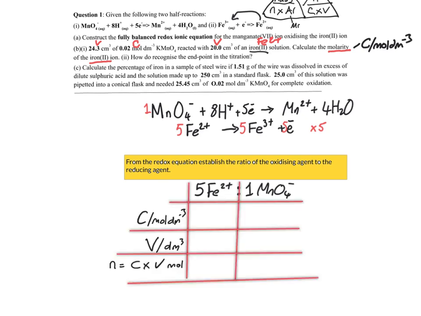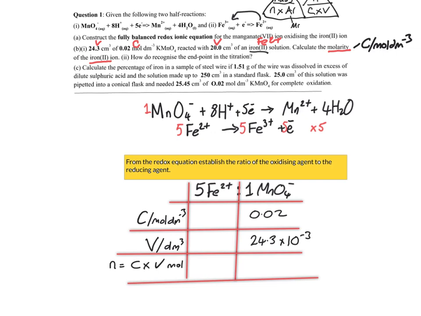The first thing to do is to take the essentials from the written information above and put it into a table. We are told that the volume of the manganate is 24.3 centimetres cubed, and we convert that to decimetres cubed by multiplying by 10 to the minus 3. We also know the concentration of the potassium manganate, that is 0.02 moles per dm cubed.